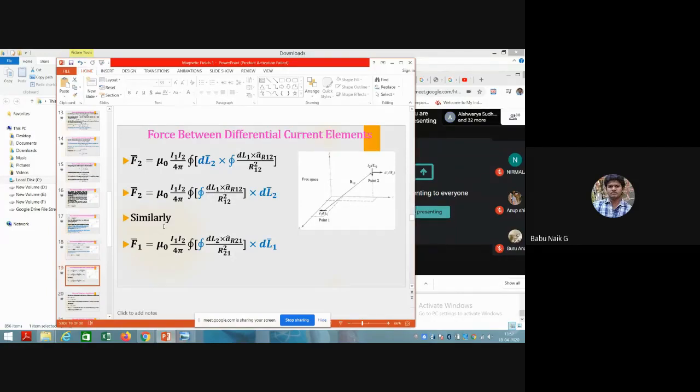Now in a similar way you can write the force at point P, F1, that is the force at point 1 due to this dF2. Due to this dF2, what will be the force at this point? So you can write it in terms of I1 and I2 over 4 pi, then the closed line integral, the double integral here, with dl2.